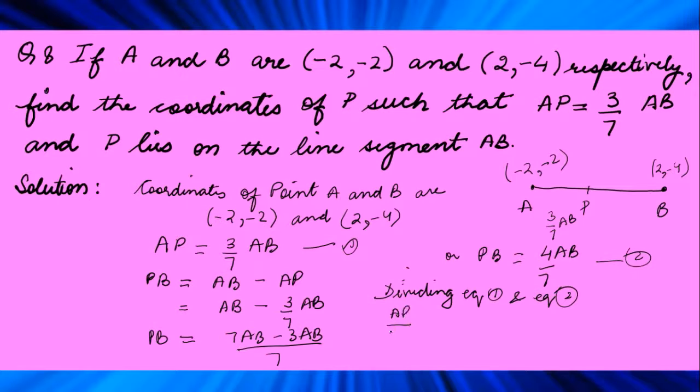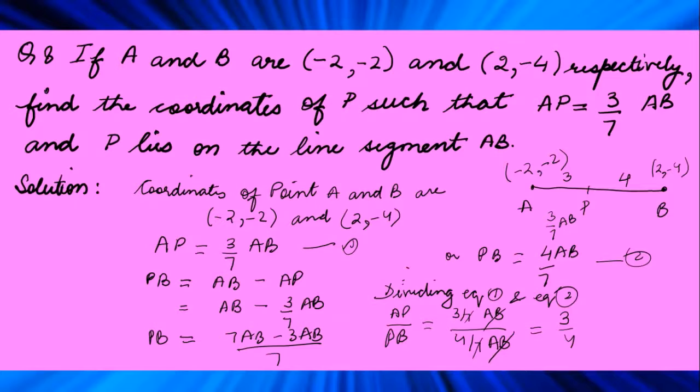AP upon PB equals 3 by 7 AB upon 4 by 7 AB. So you can cancel AB from here, and 7 will be cancelled, so it is 3 upon 4. So AP is to PB is in the ratio 3 is to 4.